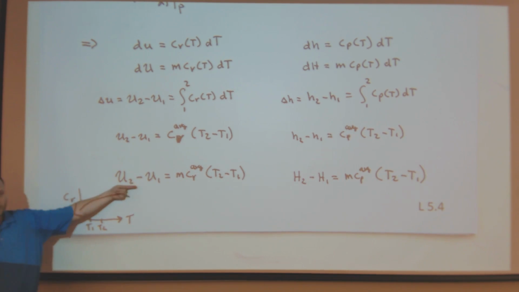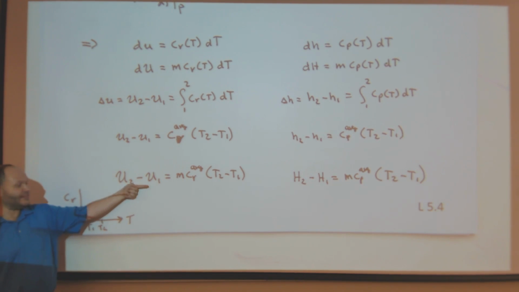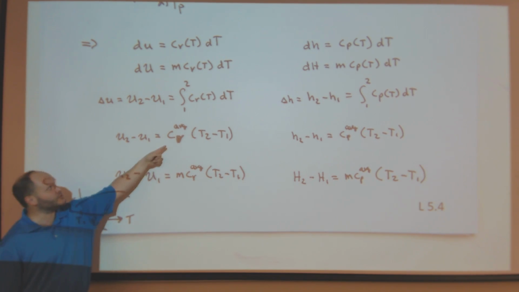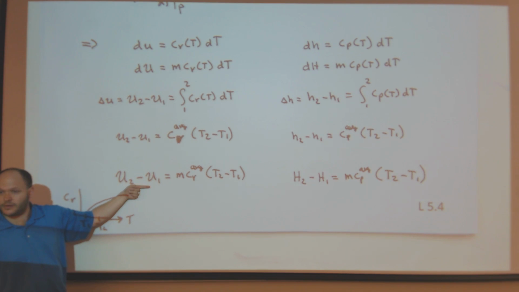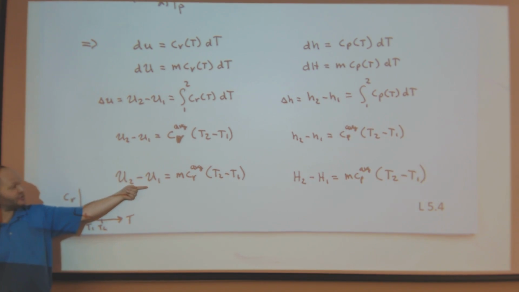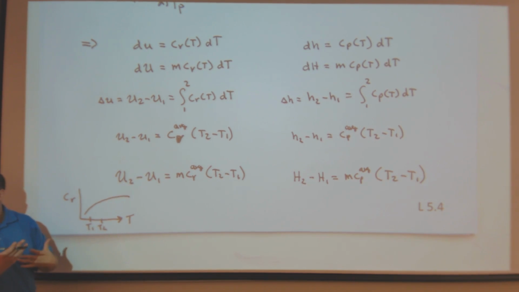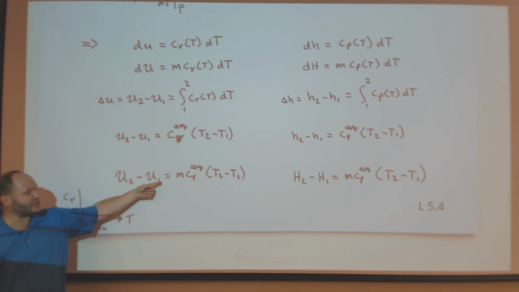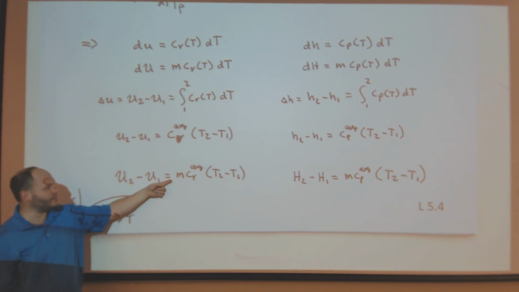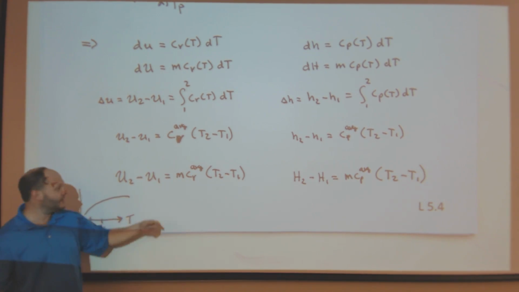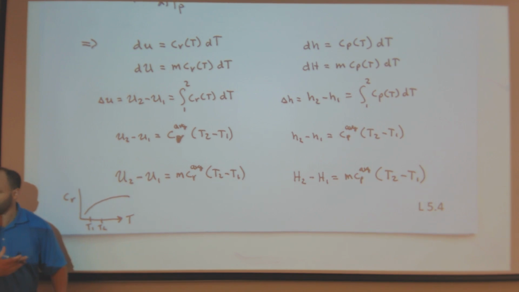If this is small, once you do that, it ends up being a small quantity. What good does it do to do the whole integral and include the temperature dependence if this is small to begin with? If the change in internal energy of my fluid doesn't change much due to temperature, then why add all that extra work when really this is a small number relative to some other form of energy?